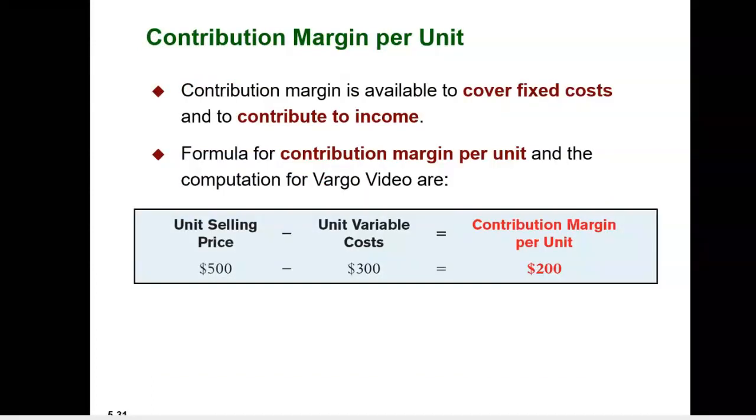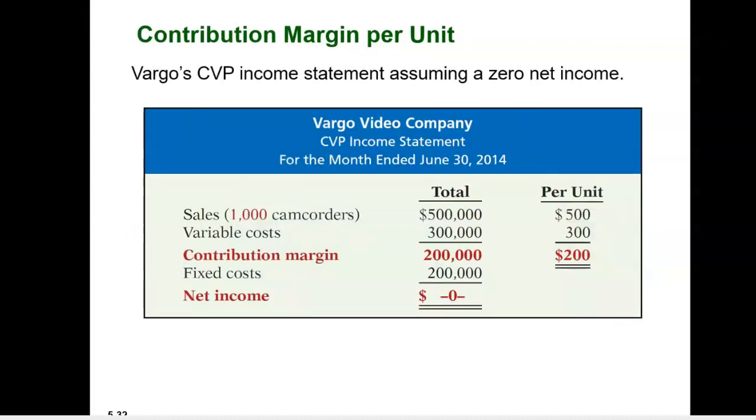Now, contribution margin per unit is the difference between the unit selling price and the unit variable cost. If I looked at my statement and I say, how many units do I have to sell? I earn a contribution margin of 200 per unit to cover 200,000 in fixed costs.